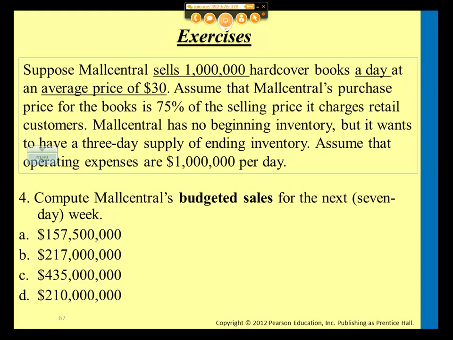Assume that operating expenses are $1 million per day. One line calculation. What we need to do is to compute Mall Central's budgeted sales for the next week. Next week is 7 days, so you'll be multiplying something by 7. Once you know the answer, let me know.